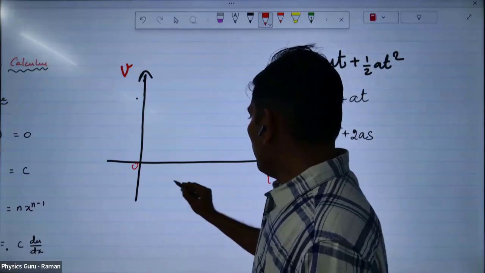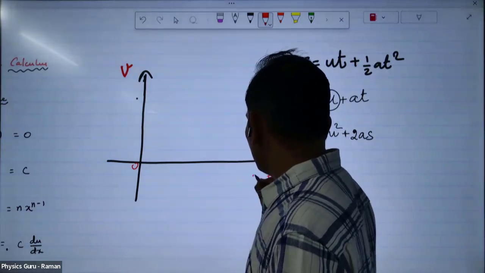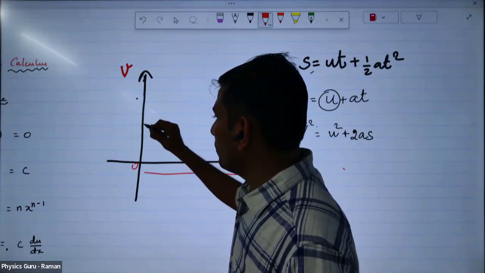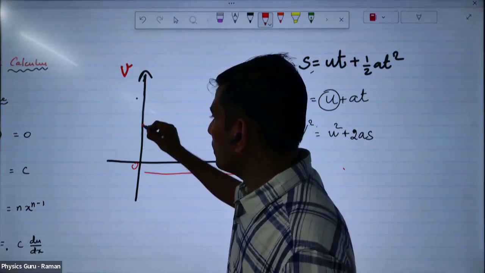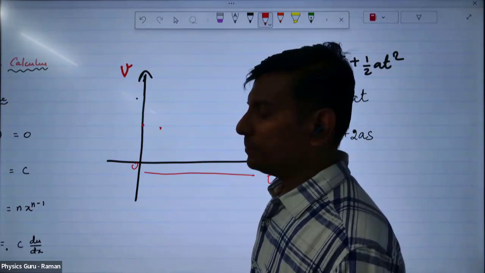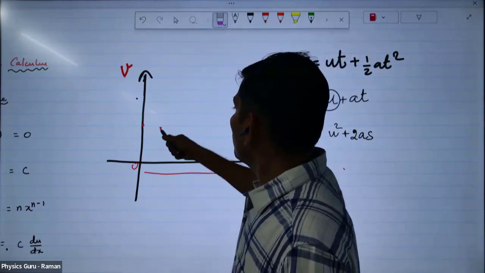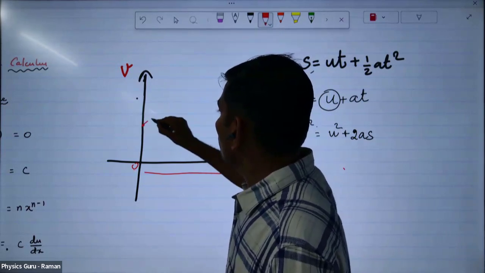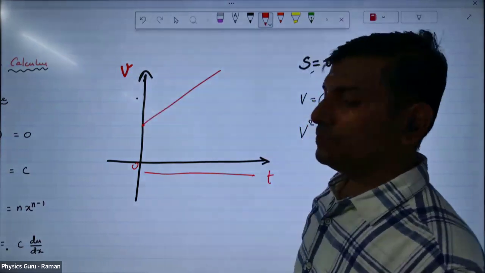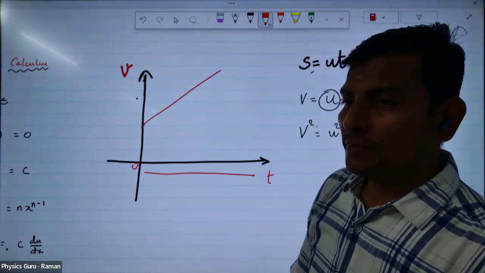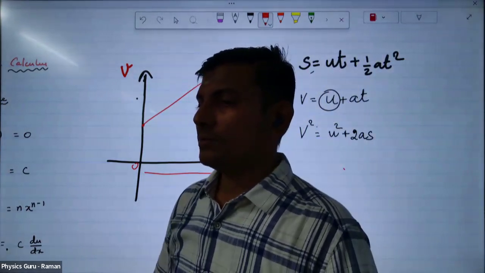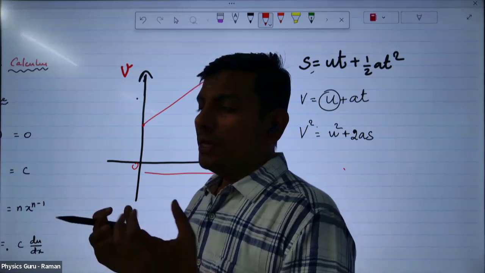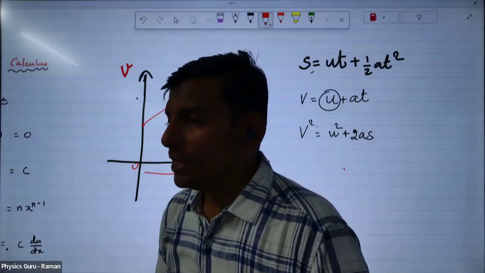When I start to observe the graph, the time is zero. Already the body has some velocity, and I mark that velocity here. From there, the velocity is increasing something like this. Noted? These are the initial variations in any graph.